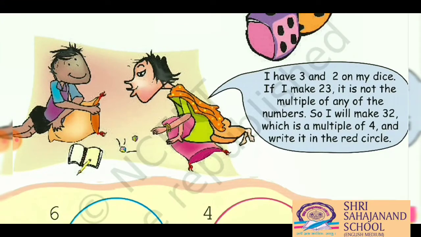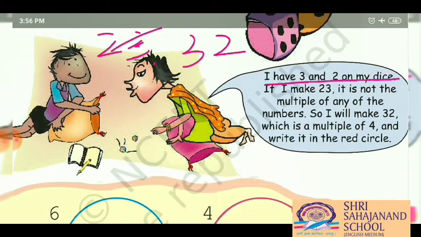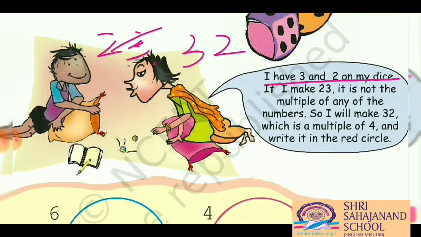And here I have 3 and 2 on my dice. So what numbers will you make? First you can make 23 and second you can make 32. And 23 is not a multiple of any other number. You know that 32 is a multiple of some numbers, so you can write the numbers whose multiple is 32.